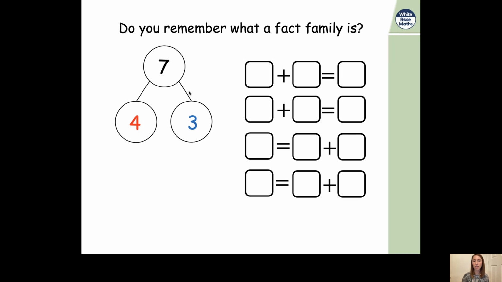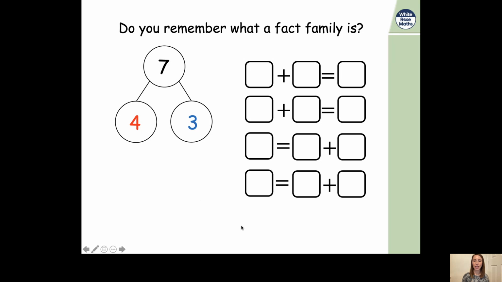We've got lots of addition sentences, but they're all blank. I wonder if you can pause your video and have a go at home at thinking about what addition sentences you can make for my part whole model. Pause the video and have a go.